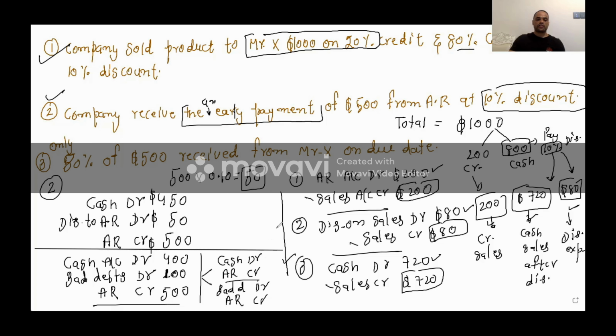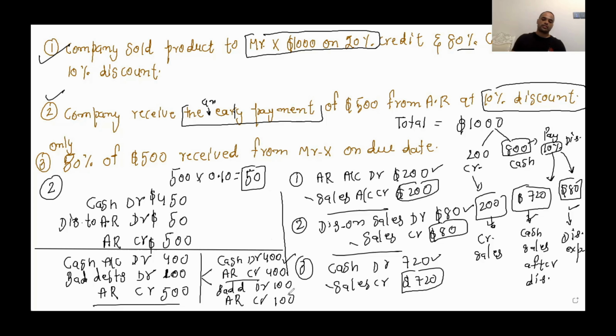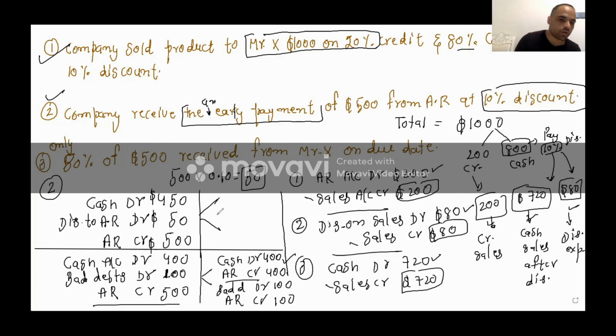There are 2 different journal entries. So here is 400, 400, and 100, 100. So it's up to you. Same thing here. If you want, you can also make it 2 journal entries. It's your choice, whether you want to make 1 or 2 journal entries.